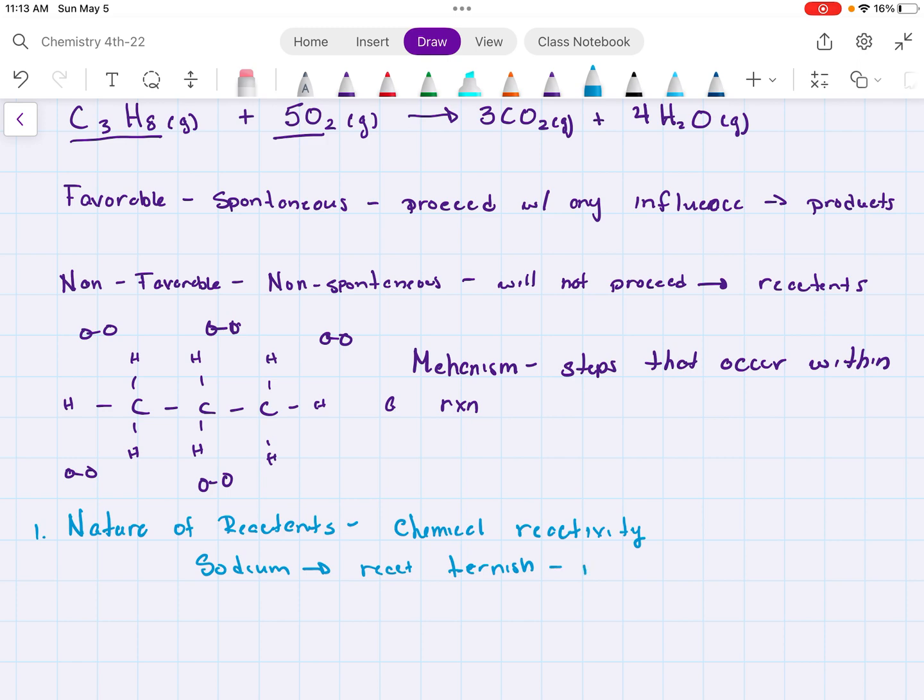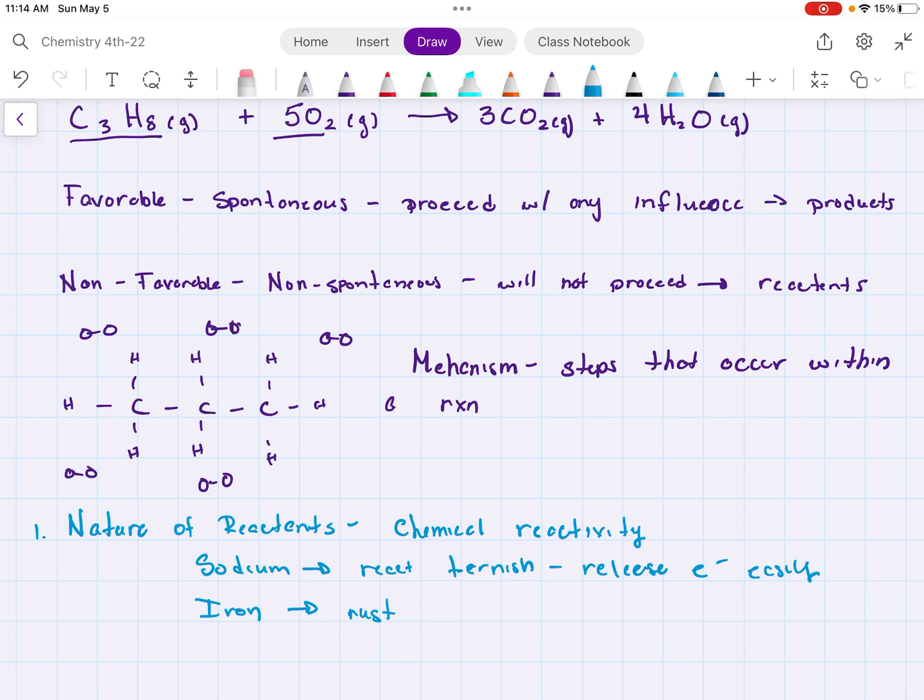sodium releases electrons really easily, right? And it's a group 1 element. So anything that's bonding with sodium or reacting with pure sodium is going to be pretty fast, right? But then you look at something like iron, which is exactly the example that I used earlier. Iron is going to react with the air around it the same as sodium, but in order to form rust, for example, which is iron oxide, this moves a lot slower than sodium does.